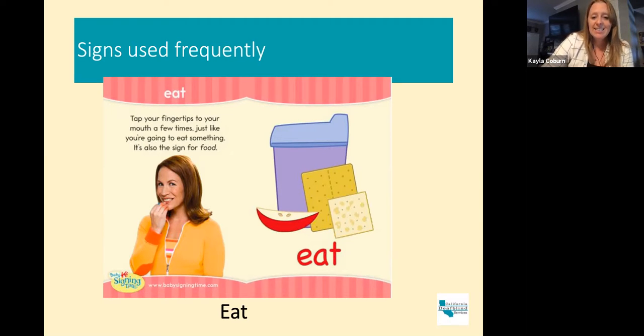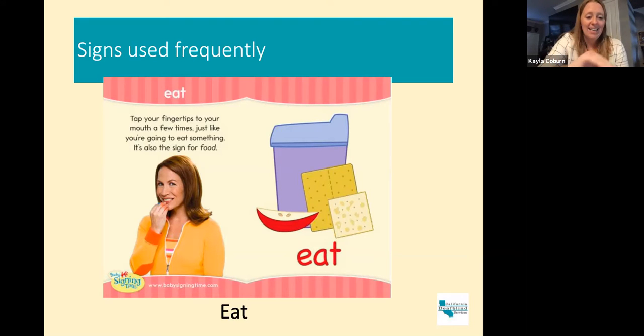So, this is eat, where you make a flat O, like if you make an O with your hand, but then you flatten it out and put it towards your mouth. If your child is not on a G tube, this is a huge reinforcement for a lot of children. It's not too hard of a sign. If they are feeding themselves, they are able to get their hand to their mouth.